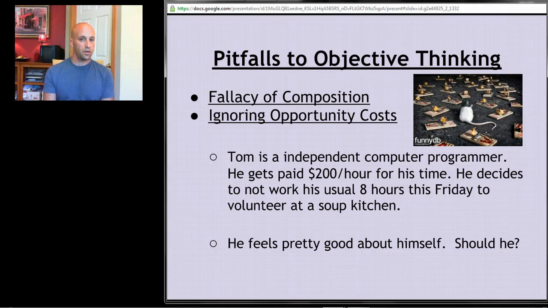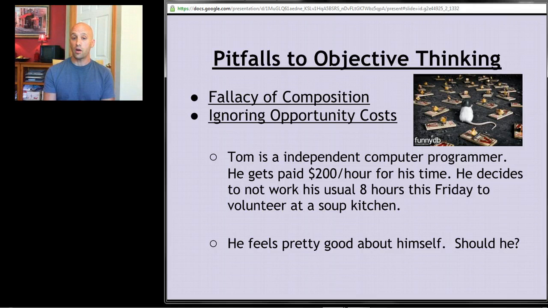Because there's an opportunity cost for Tom of going down to the soup kitchen and ladling soup. The opportunity cost is what he's giving up by doing that. And specifically in this example, he's giving up about $1,600 that he could have made if he had simply been working. I would say to Tom that if you really cared about the poor, you would work on that Friday, take the $1,600 and give it to the soup kitchen. They could surely hire a lot more soup ladlers than one with $1,600.